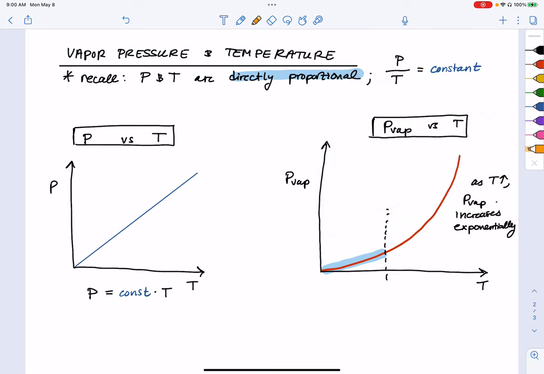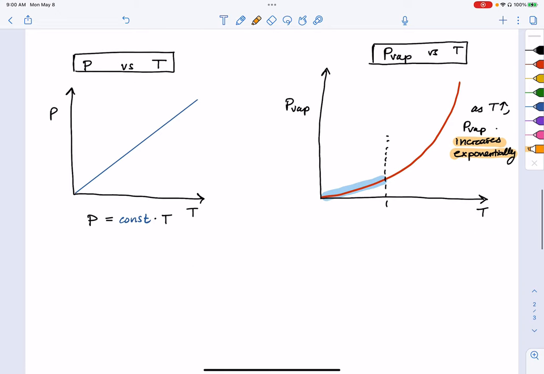So instead of seeing this one-to-one proportional relationship between temperature and pressure, vapor pressure sees an exponential relationship. Well, why is that?